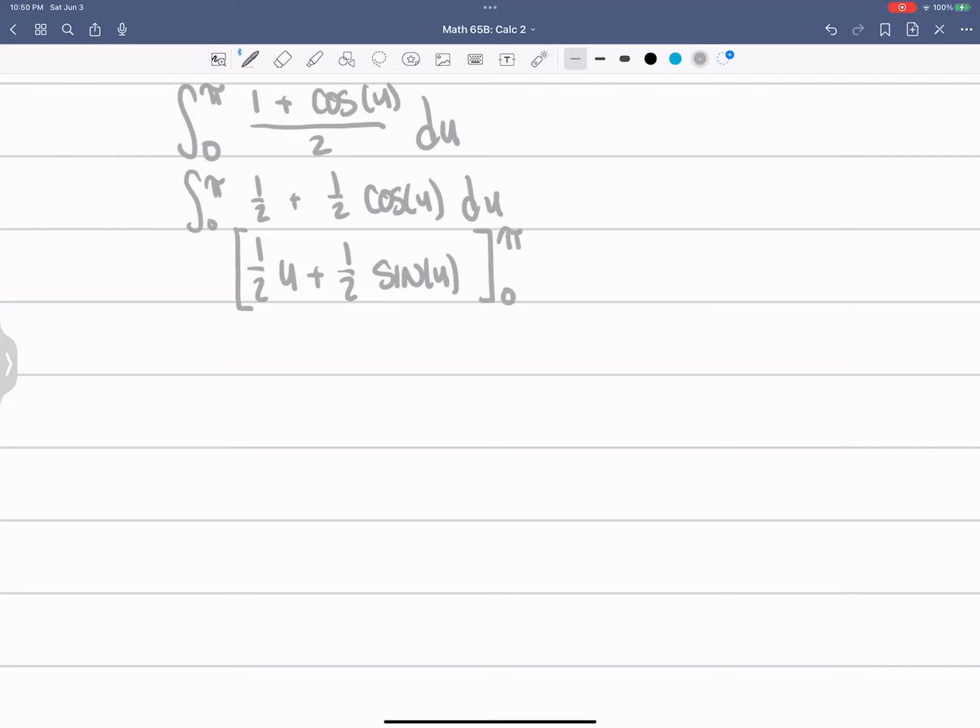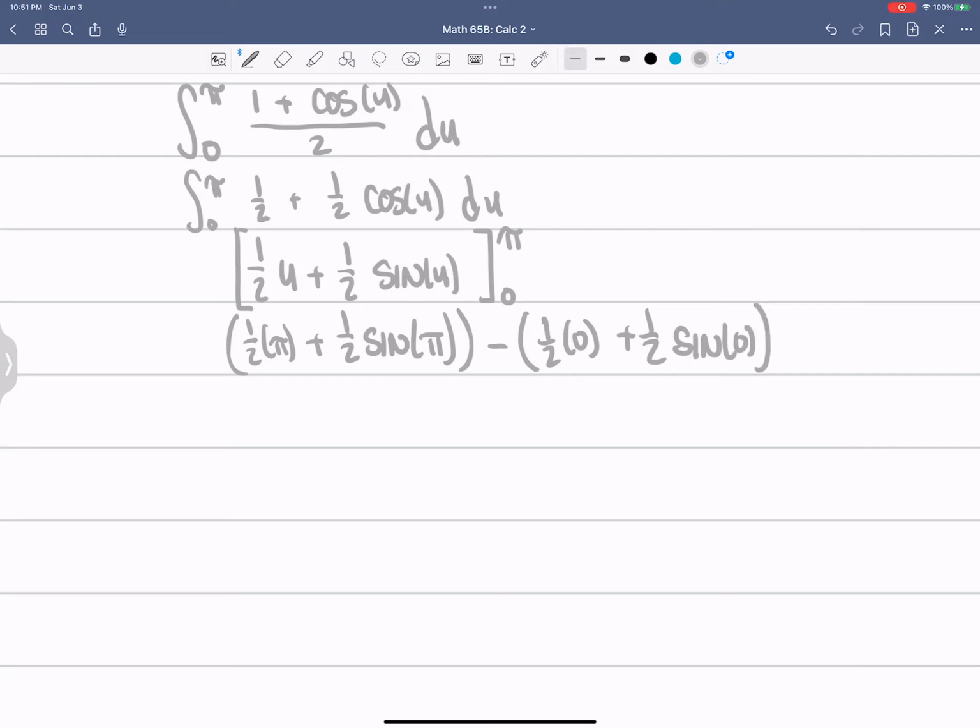We're going to evaluate it at pi first, and then evaluate it at 0. So 1 over 2 pi plus 1 over 2 sine of pi, and we're subtracting at 0: 1 over 2 times 0 plus 1 over 2 sine of 0. All right, let's see what we have.